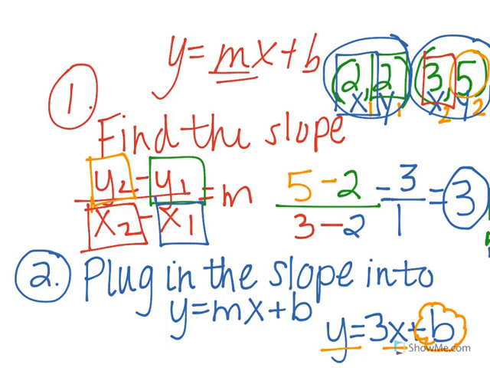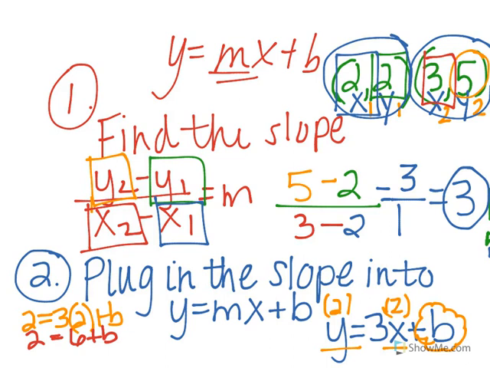I'm going to pick the easiest point, I think, which would be 2, 2. So I'm going to plug in the 2 and then the 2 to solve for b. I'm going to put 2 equals 3 times 2 plus b. 3 times 2 is 6 plus b.